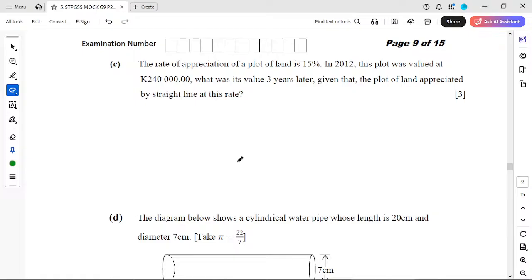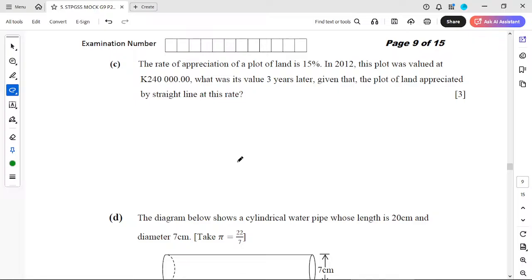So we come to C, which says the rate of appreciation of a plot of land is 15%. In 2012 the plot was valued at 240,000 kwacha. What was its value 3 years later, given that the plot of land appreciates by the straight line method at this rate?